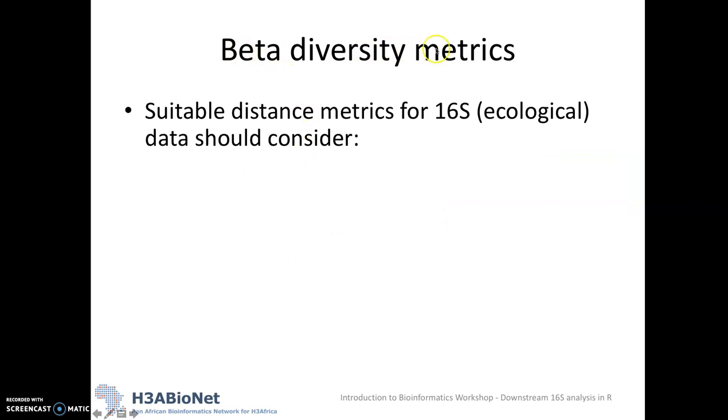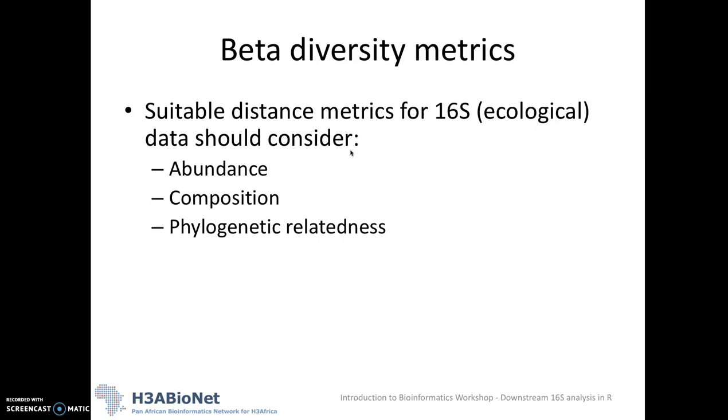So there are several beta diversity metrics, and a suitable distance metric specifically for 16S data or ecological data should consider certain factors. We mentioned that 16S data is compositional, so we have a lot of zero values in our matrix, and ideally we should consider abundance as well as composition, and then we can also consider phylogenetic relatedness.